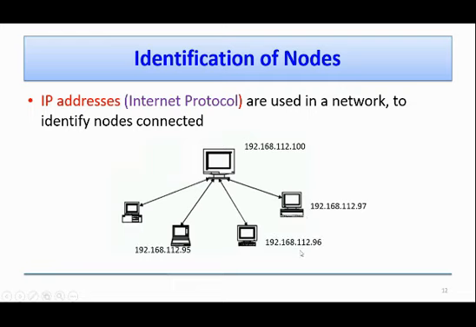All those are unique identification. Unique identification means one particular IP address cannot be assigned to two computers. That means this IP address cannot be duplicated over the network. So that's what we call unique. Two computers cannot have the same IP address, right?